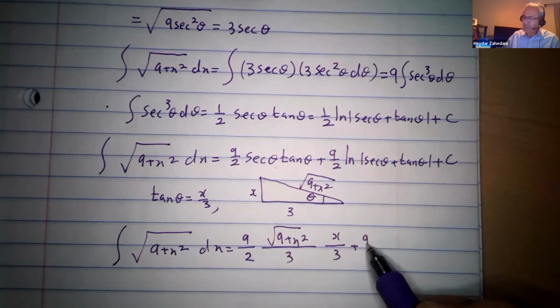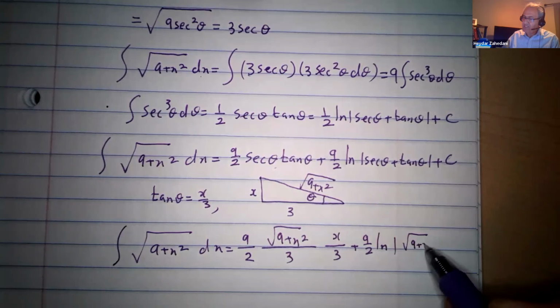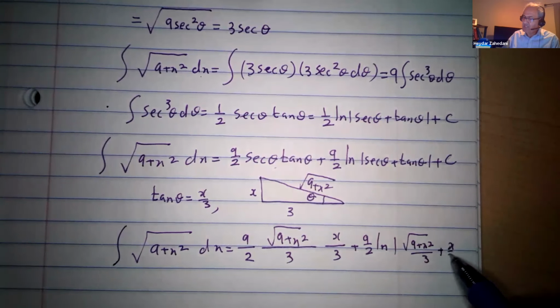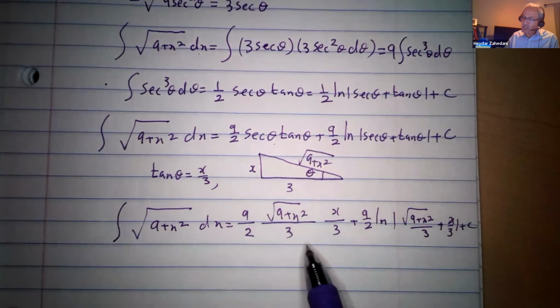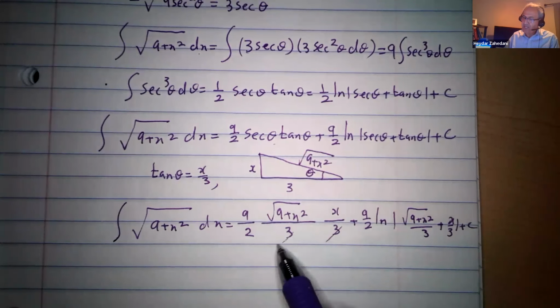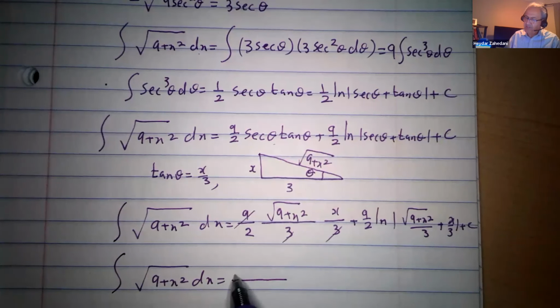Then you repeat it here, 9/2 ln of the absolute value of the secant, which is radical 9 plus x squared over 3, plus the tangent, which is x over 3, plus c. A little bit of simplification. 3 times 3 would be 9, and the 9 would cancel out.